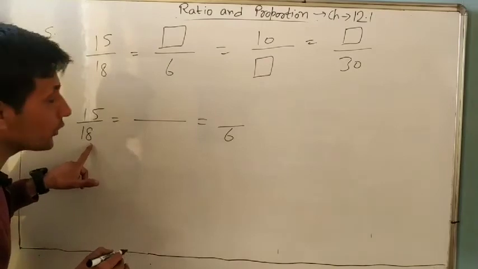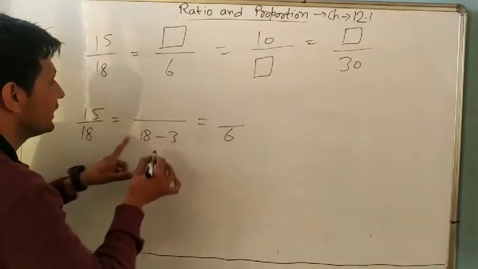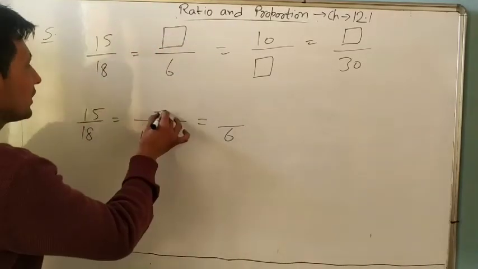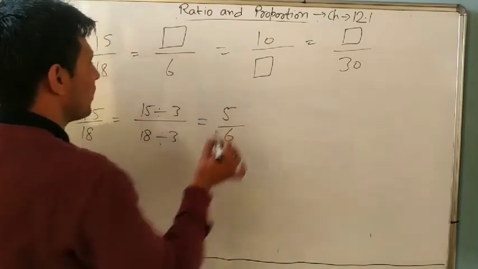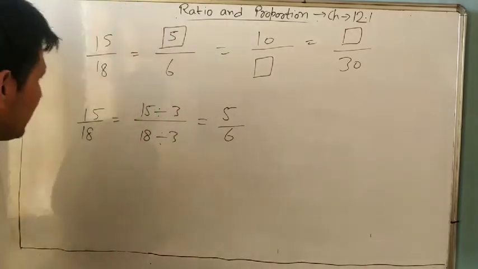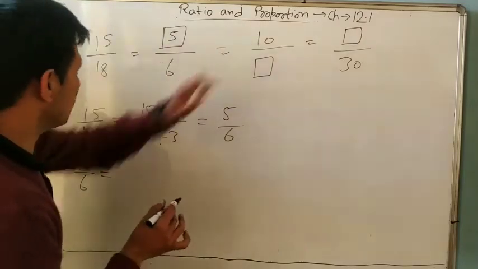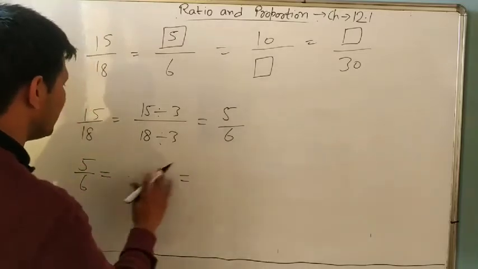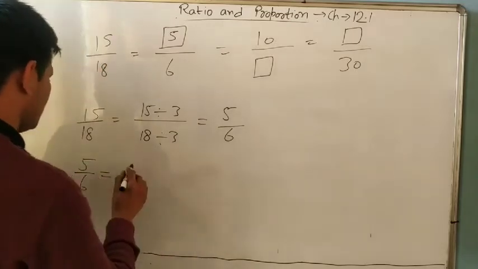So what number do you divide or multiply 18 by to get 6? So 18 divided by 3. So here also we will divide the numerator by 3. So 15 divided by 3, 5 upon 6. Understand? Now we take 5 upon 6 equal to 10 divided by this one.